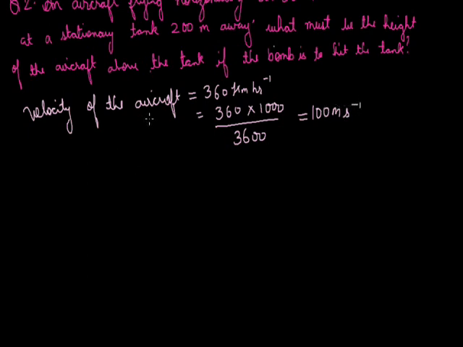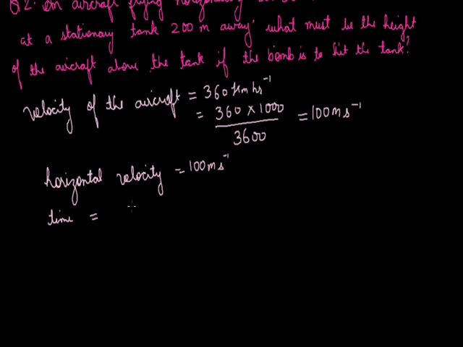Now the bomb is dropped from the aircraft, so the horizontal velocity with which the bomb was dropped will be the same. Hence the horizontal velocity of the bomb is 100 meters per second. Now we have to calculate the time which the bomb will take to hit that stationary tank, which is 200 meters away.